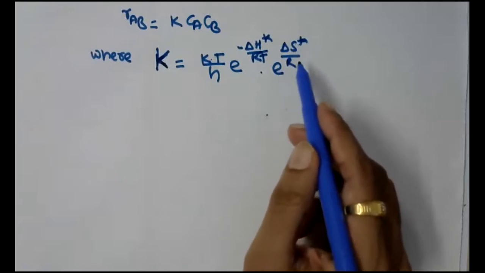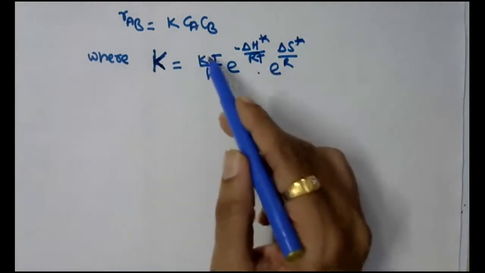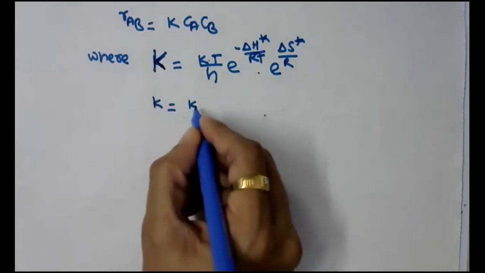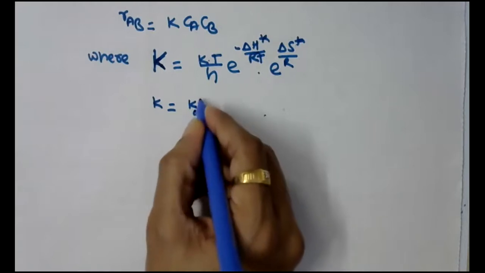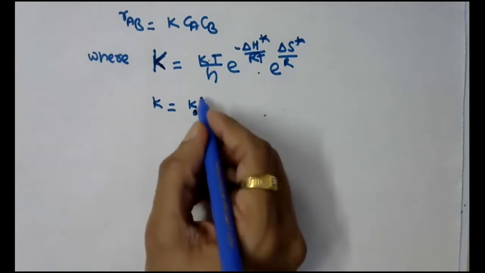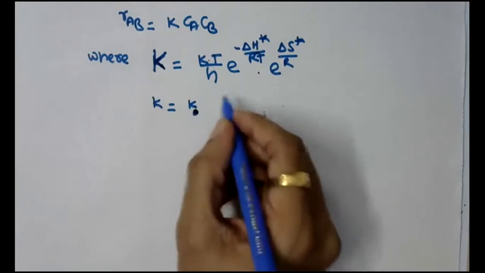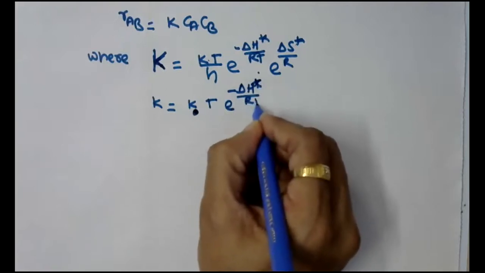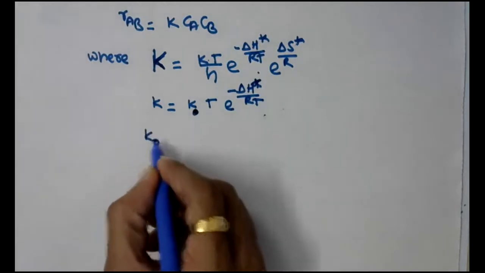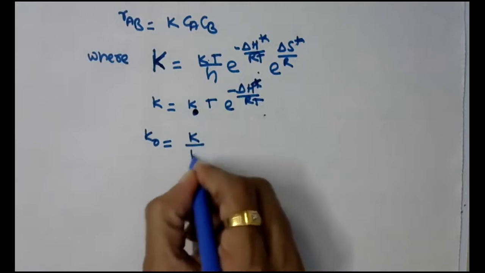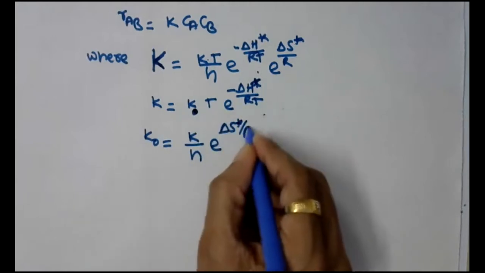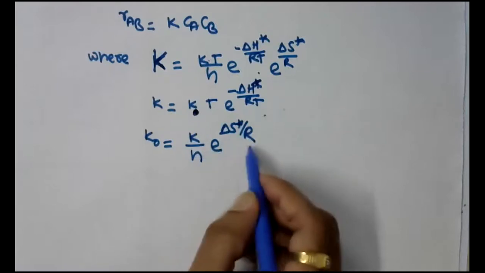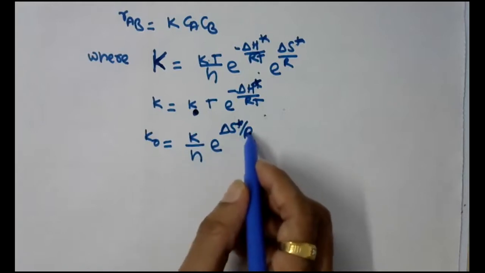Now, K and H are constant, and therefore I can write it as K dash, or I may write it as K0 T e raised to minus delta H star upon RT, where K0 is equal to K upon H e raised to delta S star upon R, where K is Boltzmann constant and H is Planck's constant.